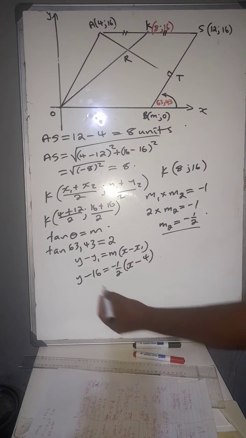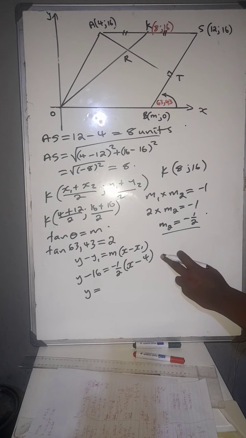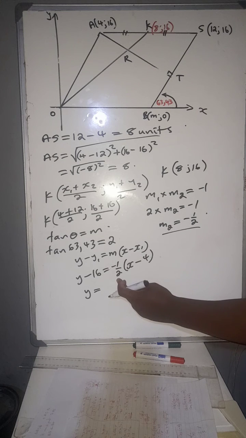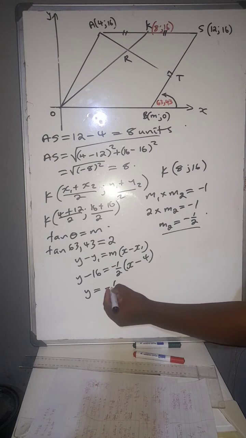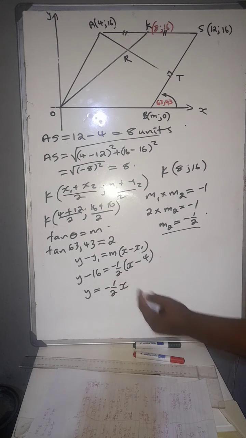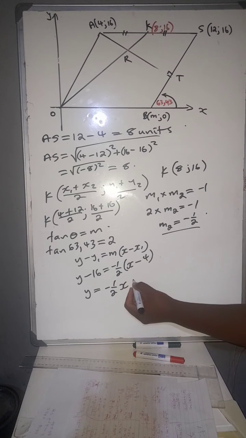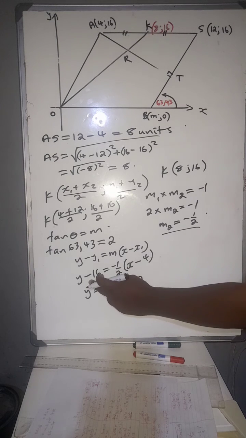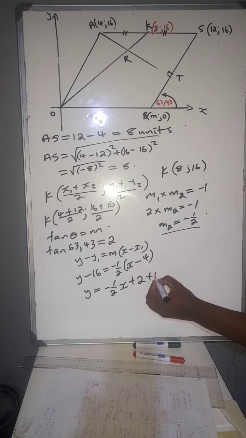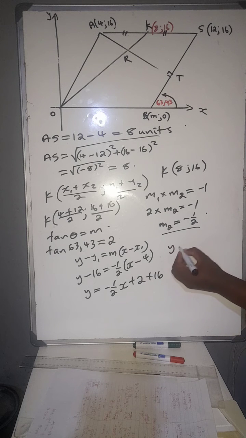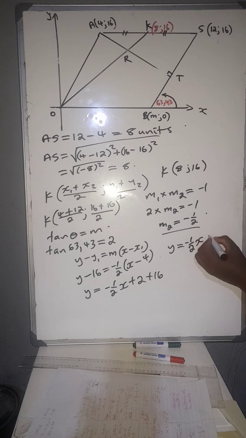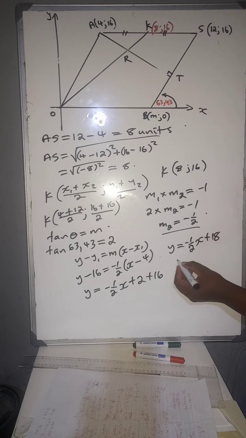Then simplify: y is equal to, the 16 goes to the other side and becomes positive. -half times x is -1 over 2x. -half times -4 becomes positive 2, and adding the 16 gives us 18. So the equation is y is equal to -1 over 2x plus 18. That is the equation.